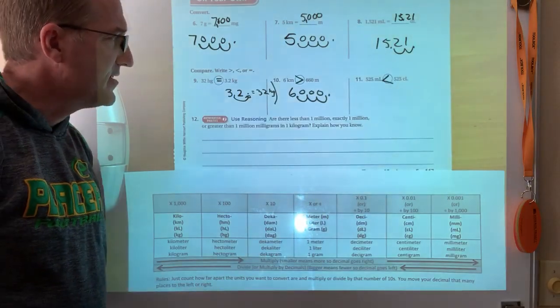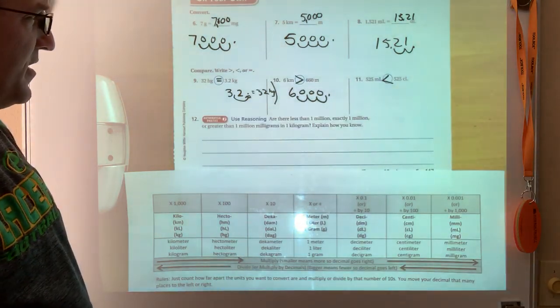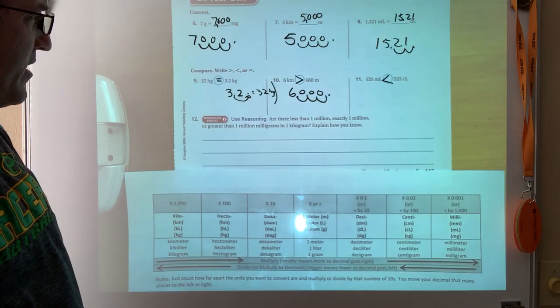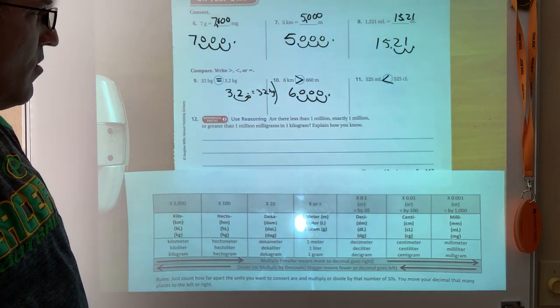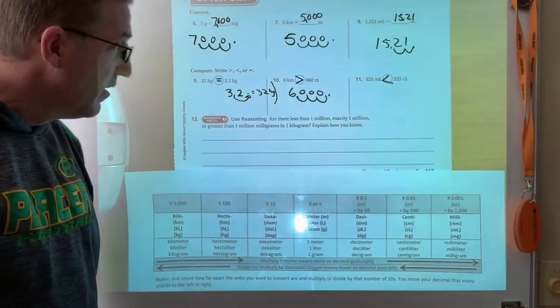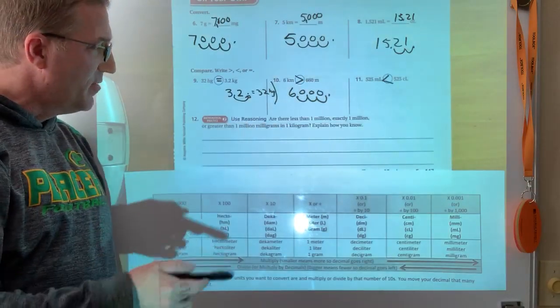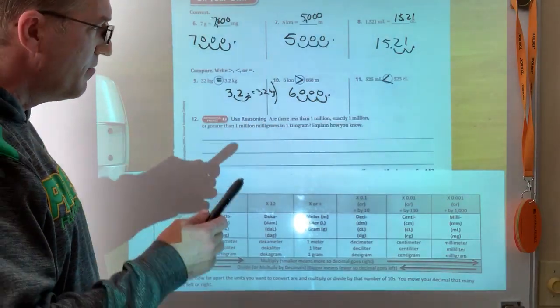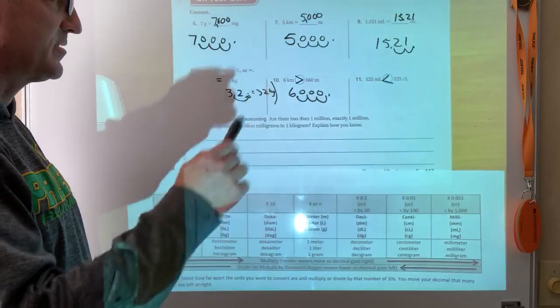All right. Are there less than 1 million, exactly 1 million, or greater than 1 million milligrams in a kilogram? And explain how you know.